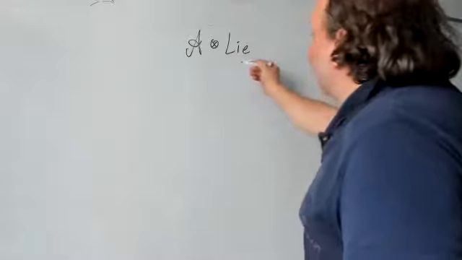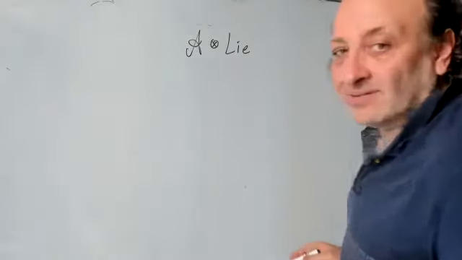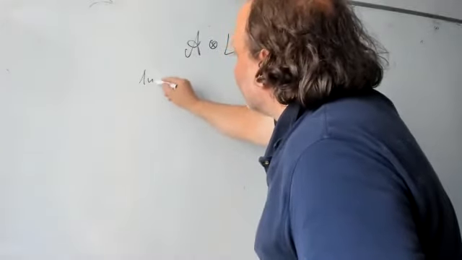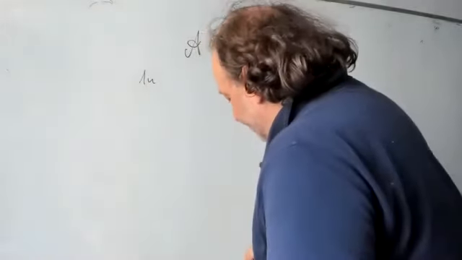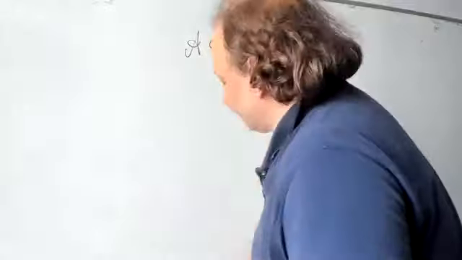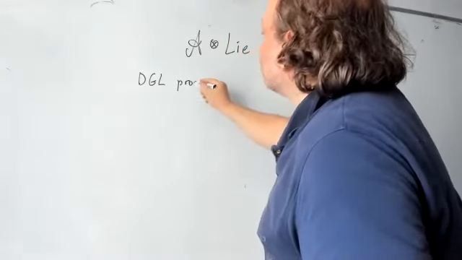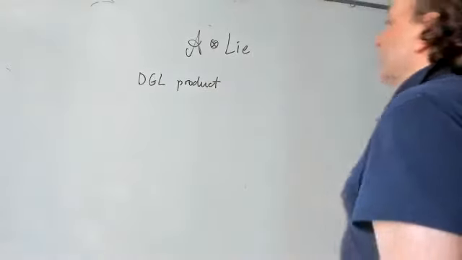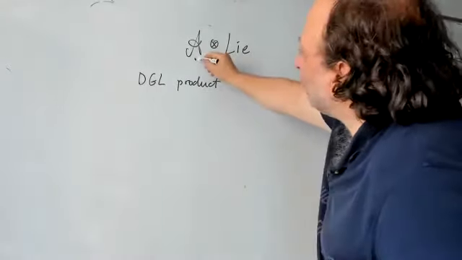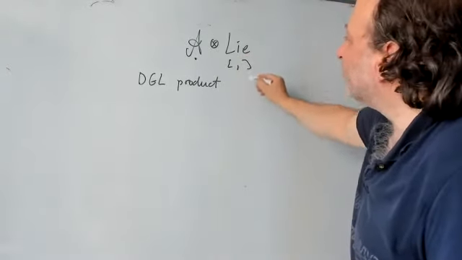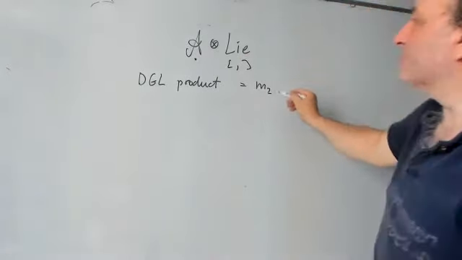So we can have a product here. That is, of course, L infinity, actually DGL product, that is coming from multiplication here and commutator here. That I call M2.